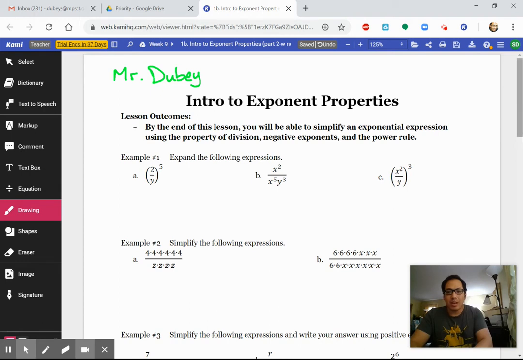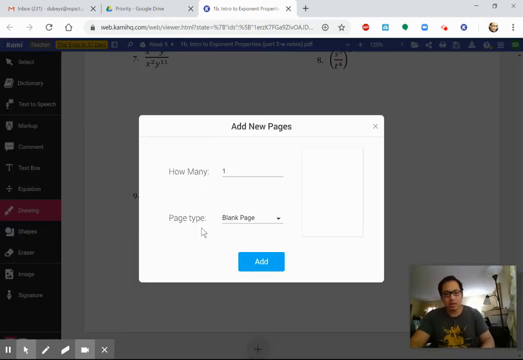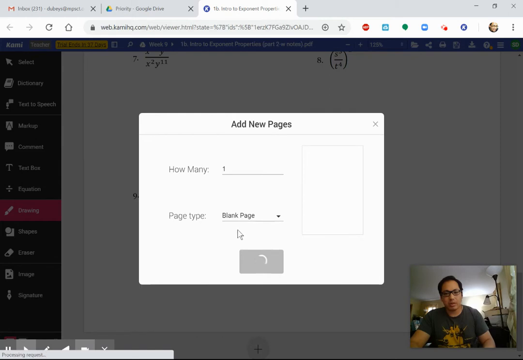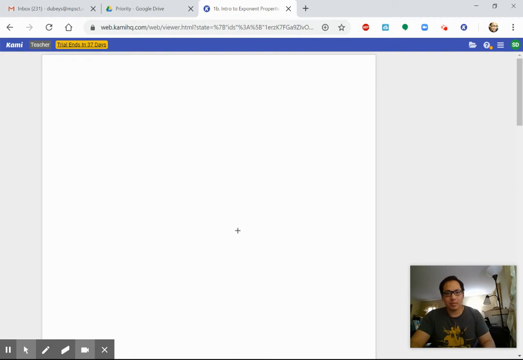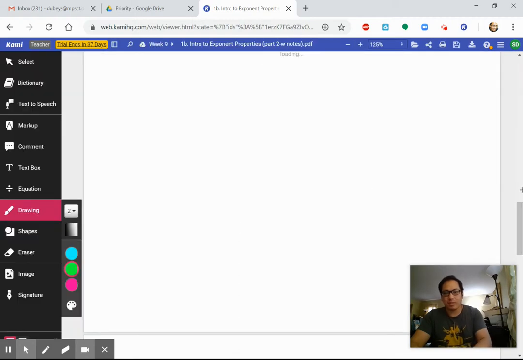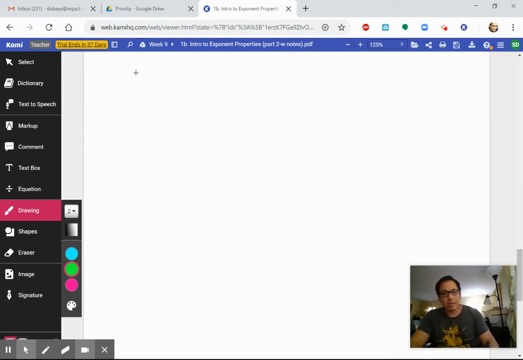Okay, so last week we talked about the properties of, maybe let me start off with a small review here. Let's add a blank page. That sounds good. Okay, so last time we talked about two properties.